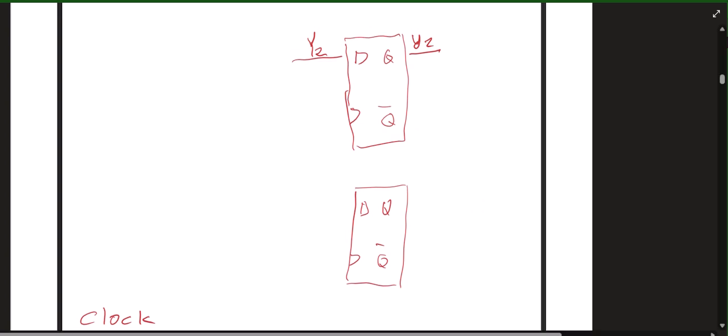And this will be Y2 in and Y2 out. And Y1 in and little y1 out. Now we know already that Z was Y2.